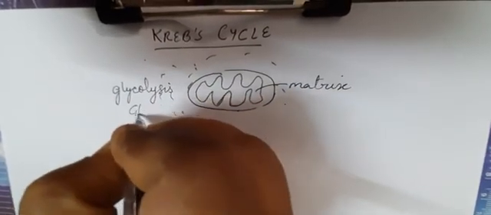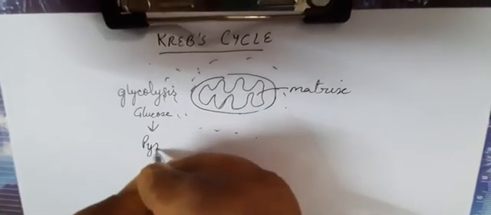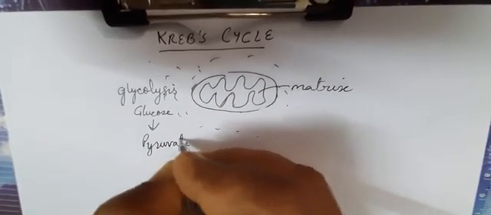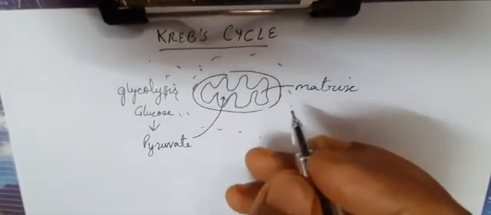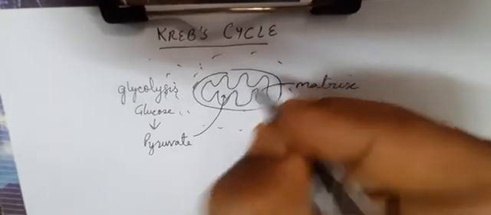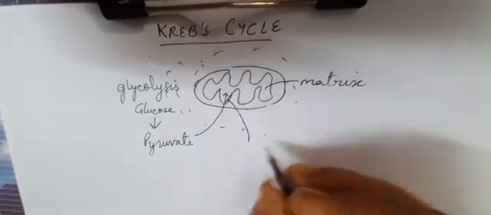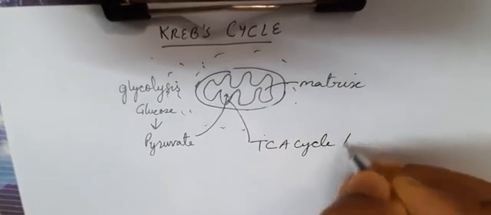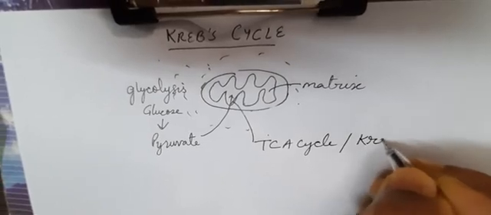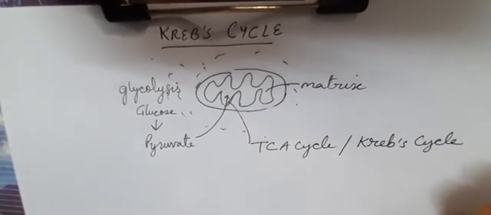in which glucose is converted to pyruvate, and this pyruvate enters the mitochondrial matrix, and in this mitochondrial matrix the TCA cycle, or we also call it Krebs cycle, takes place.